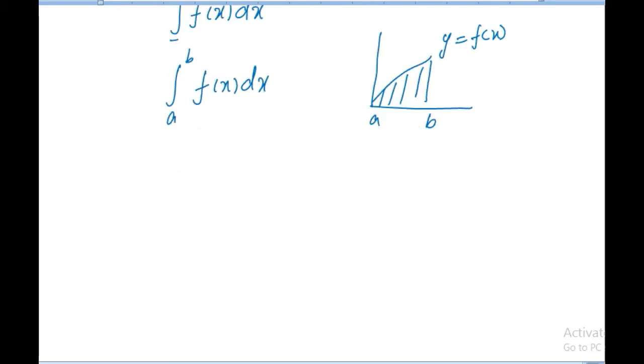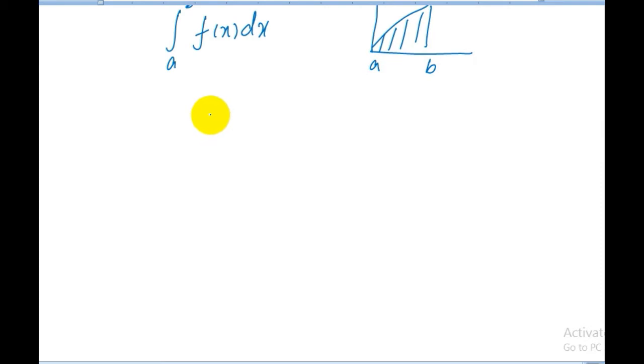Now for a function of two variables, z equal to f of x y, single integral does not work, because here f is a function of two independent variables x and y. In order to integrate this function, the concept of double integral is used.